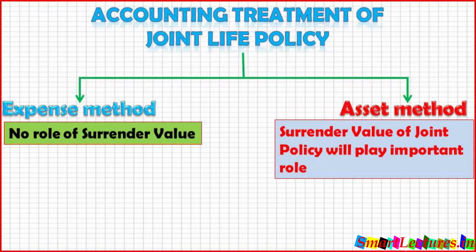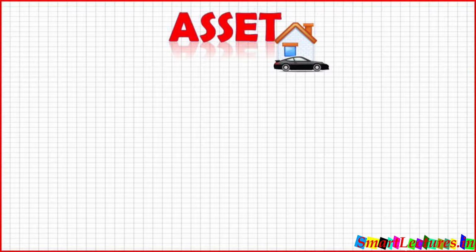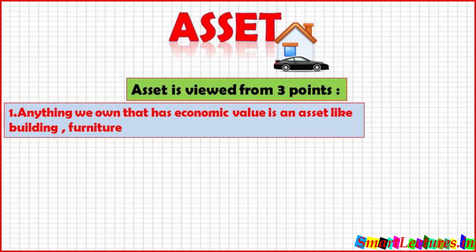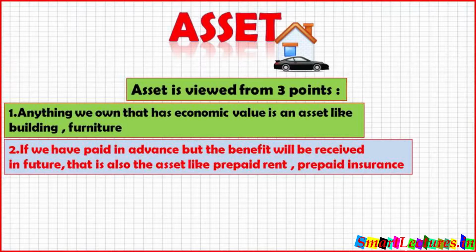Before I start this asset method, I must remind you of the definition of asset. You know, asset is viewed from 3 points. Number one, anything we own that has economic value is our asset, like building, furniture. And number two, if we have paid in advance but the benefit will be received in future, that's also our asset, like prepaid rent, prepaid insurance.